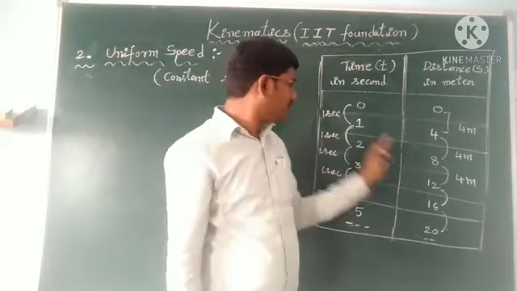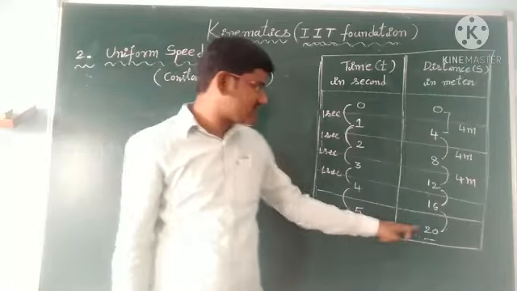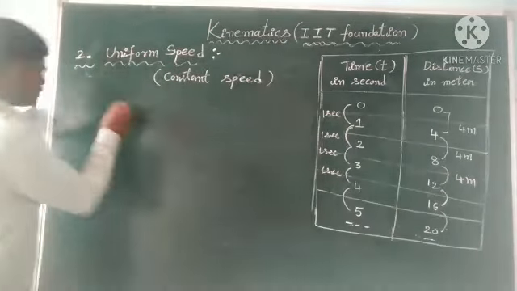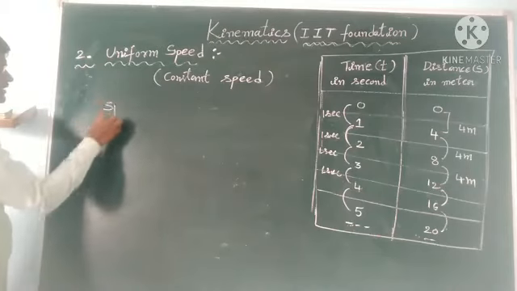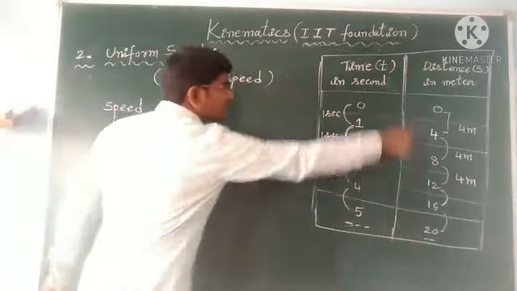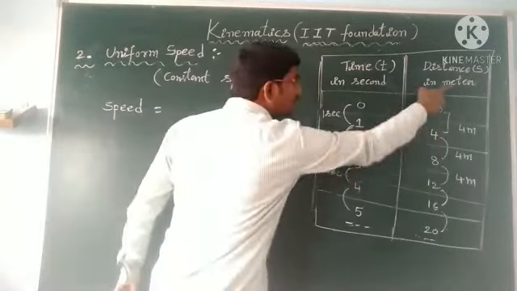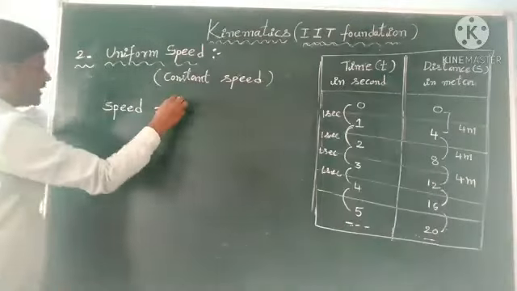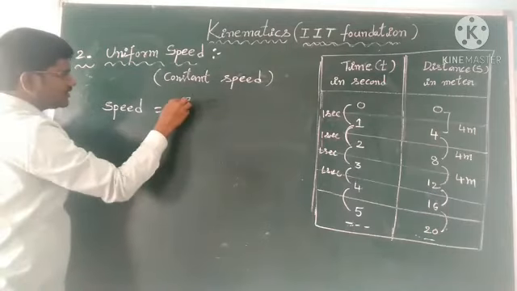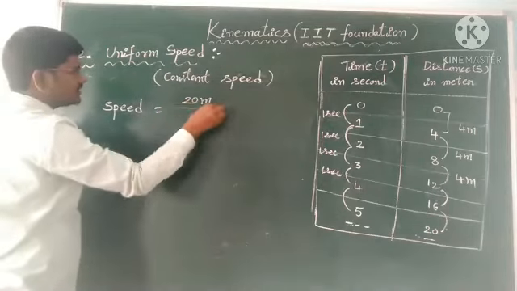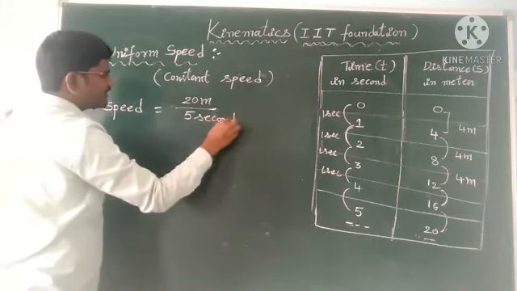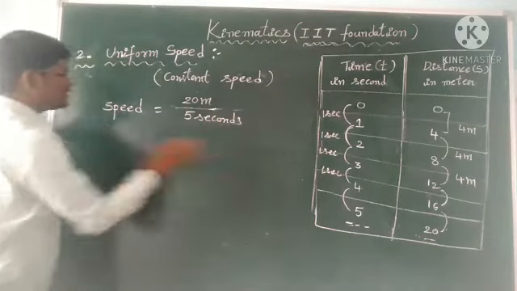From 0 to 5 seconds the covered distance is 20 meters. So I want to find the speed. Speed is equal to distance, so distance is 20 meters and the time is 5 seconds. 20 meters in 5 seconds.